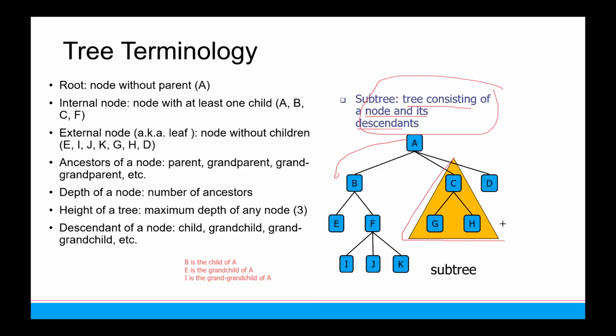Here it is a subtree because there is a node and then there is a child. This is also another subtree, and this is also another subtree, and so on.